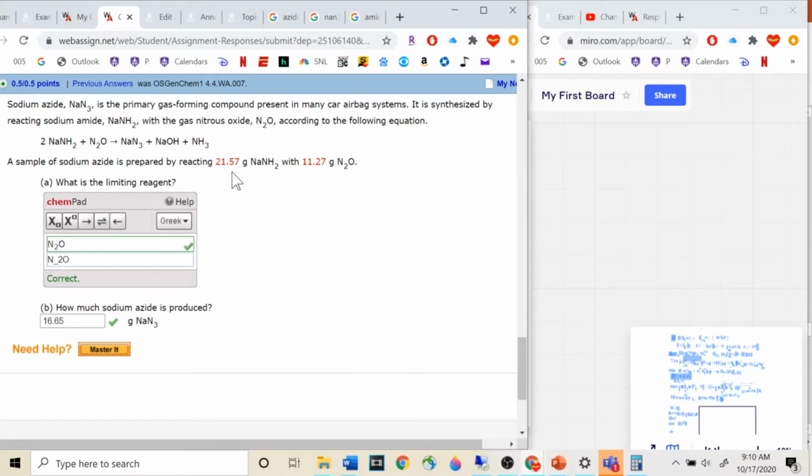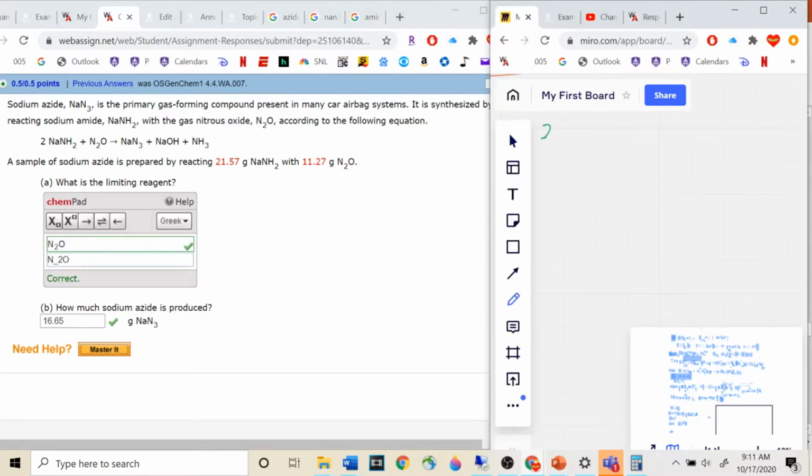Let's start with the first one, 21.57 grams of NaNH2.